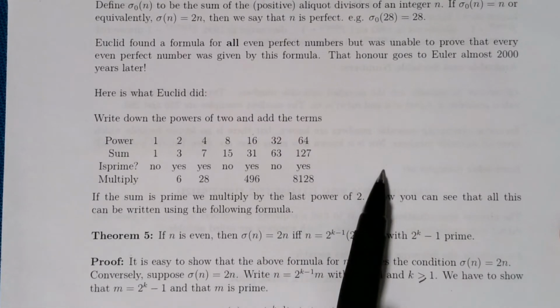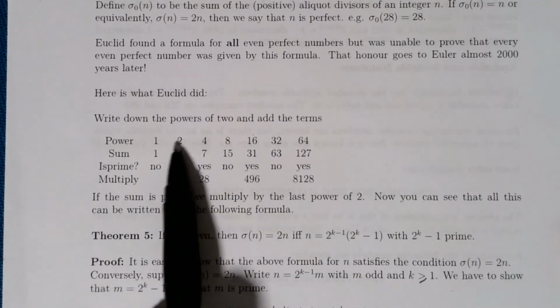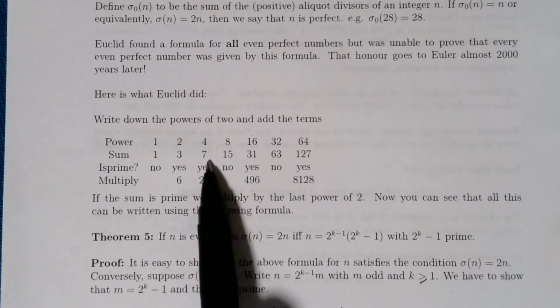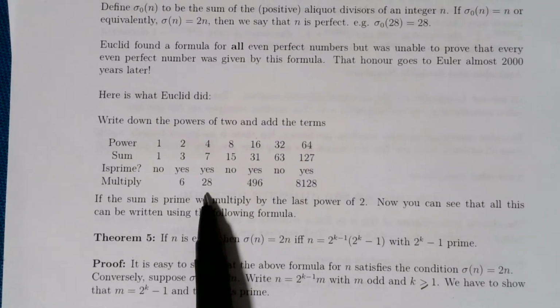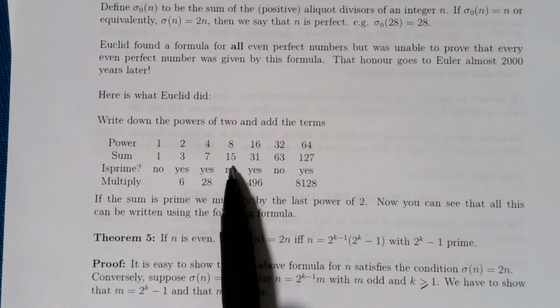Now, you then multiply by the last number in your head at each stage, so you multiply the 2 times 3, you get 6, well, big deal. You multiply the 7 by 4, you get 28, and now you get a bit more excited because 6 and 28 are the first two even perfect numbers. Well, you multiply 8 by 15 and it doesn't give you an even perfect number, so that's bad.